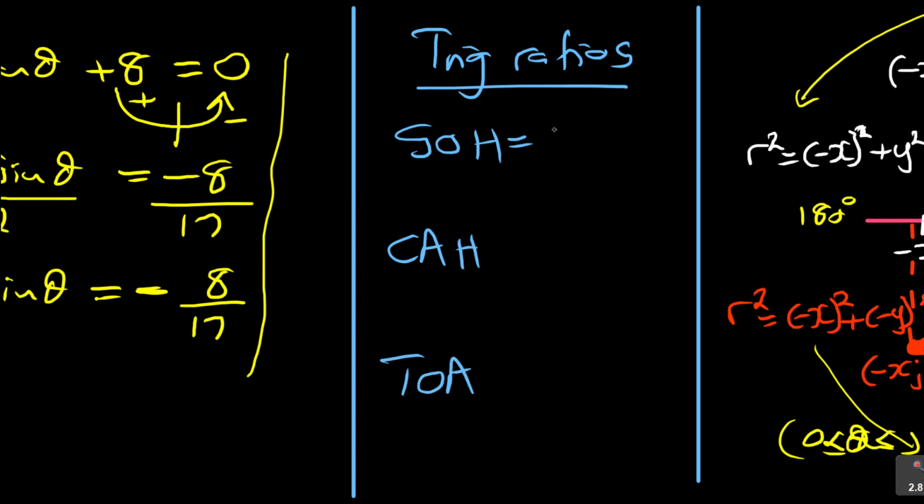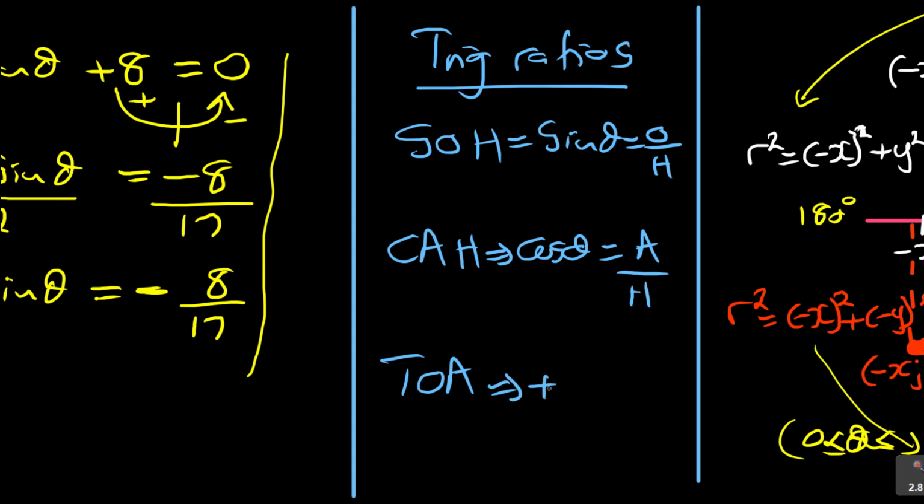What does it say? It says sin theta is equal to opposite over hypotenuse, cos theta is equal to adjacent over hypotenuse. And what about tan? It says tan theta is equal to opposite over adjacent.